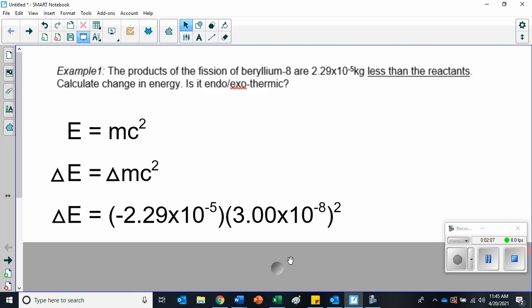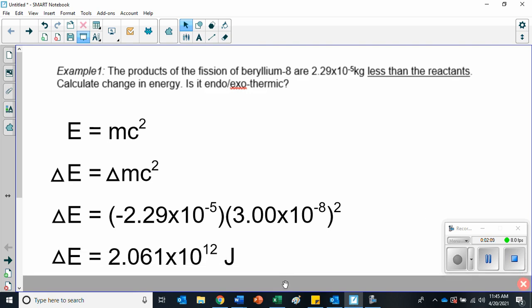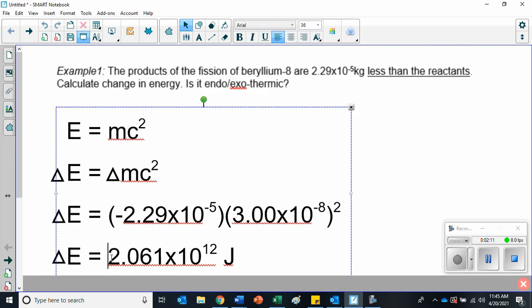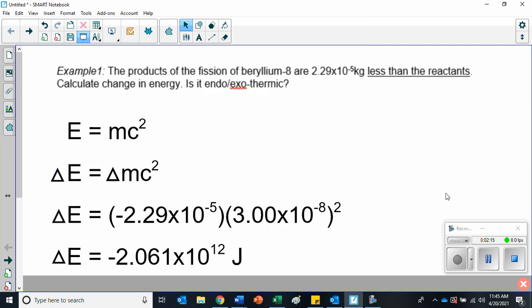That negative part will tell us right here, and it'll carry all the way through, and that's where we get a negative number, because now it'll carry through when we calculate it. This negative number is a negative release of energy, so that's the release of energy.